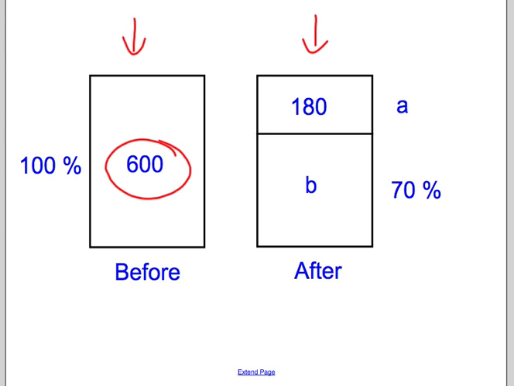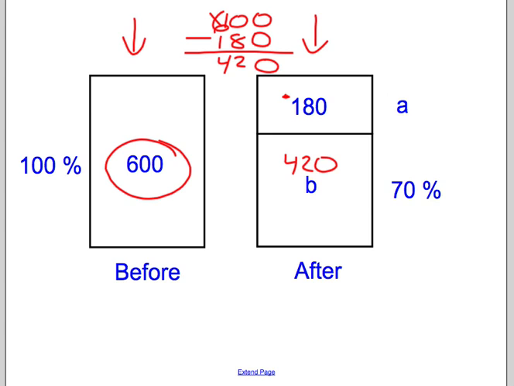So if we know then that this part is 180, I can find B by taking the total of 600 minus 180. That will give me, doing the math on the board this time, 420. So B is 420. I know those two have to be equal to 600.